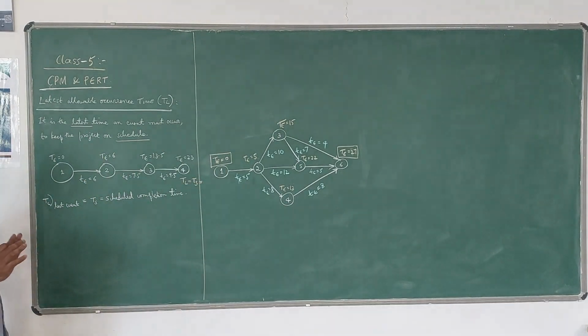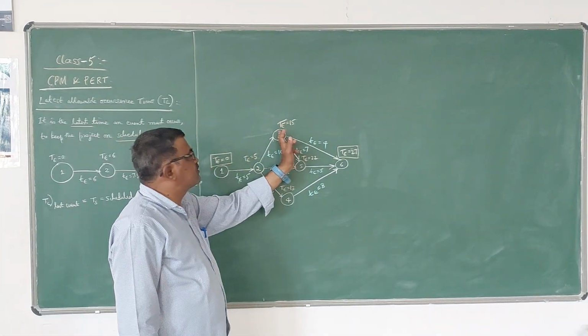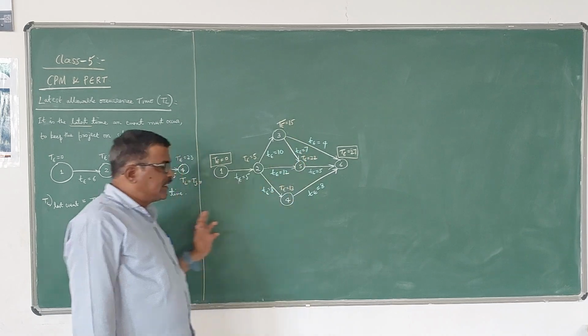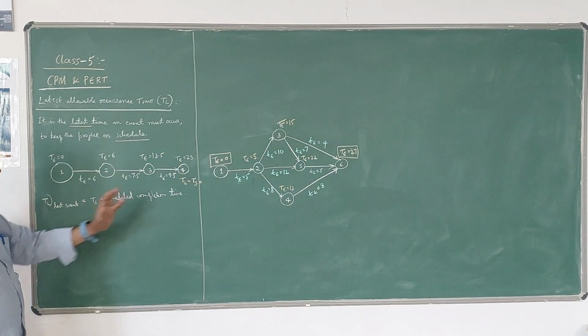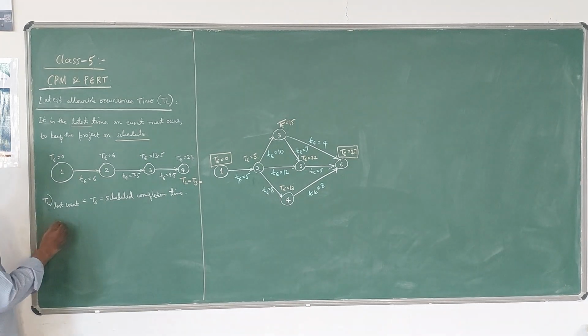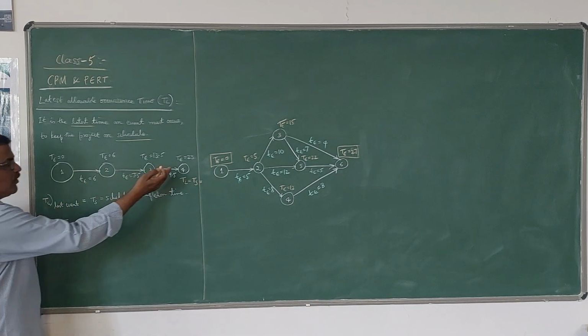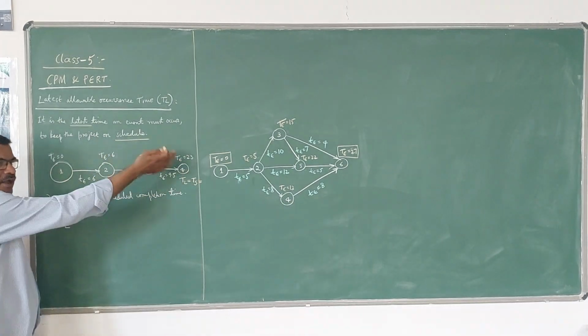Now let us understand how we can compute this TL. In the last video I had explained how to calculate TE. In this video, I will tell how to compute the TL value, because both are important in any network. Here we have to move in the backward order.